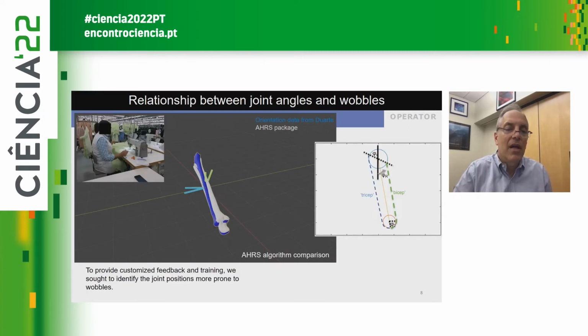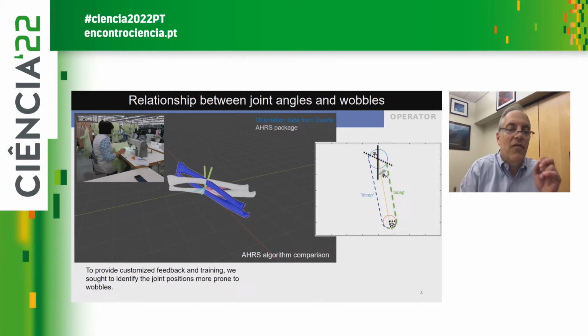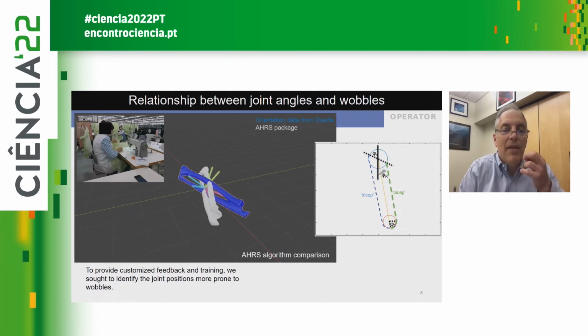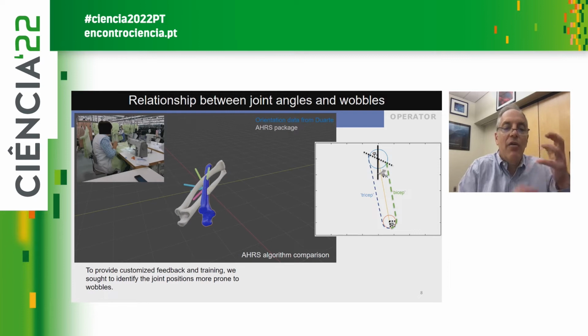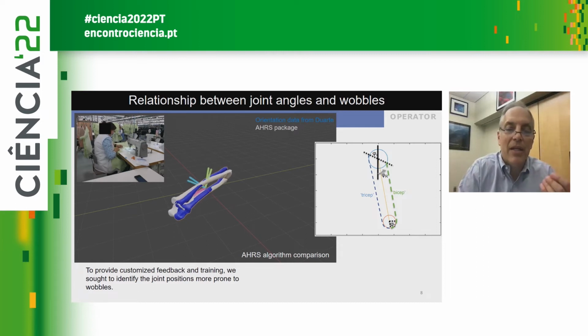Now, hopefully this is a video. You can see that using sophisticated imaging and metrics, we can see how the bones in her arm, the ulnar and radial bones, are moving relative to what is expected and optimal and what she does.